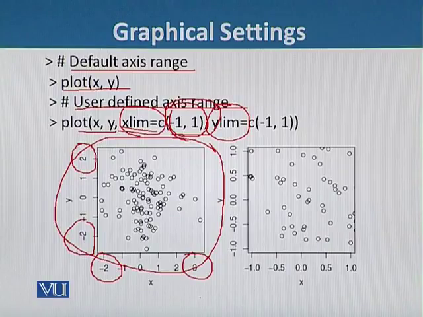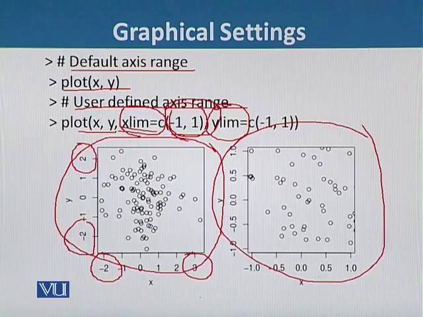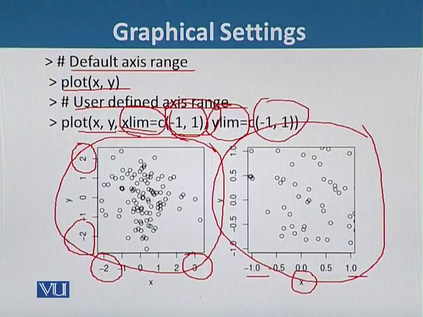After this command, another graph will be generated, and we can see the range of the axes: in the x-axis it is -1 to +1, and in the y-axis we have also given -1 to +1.